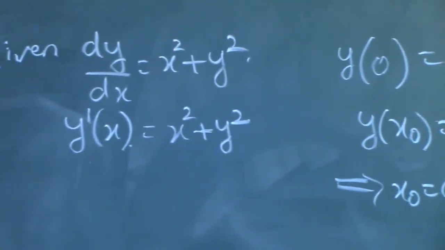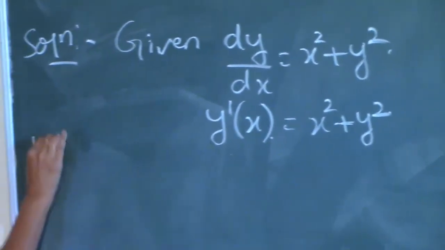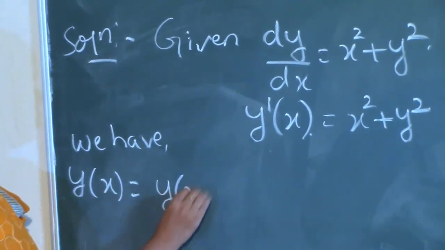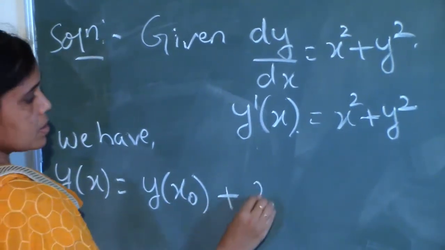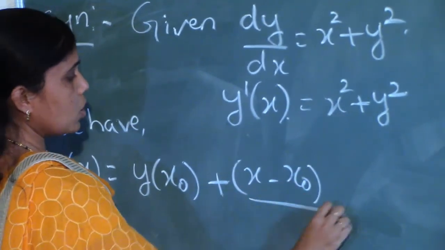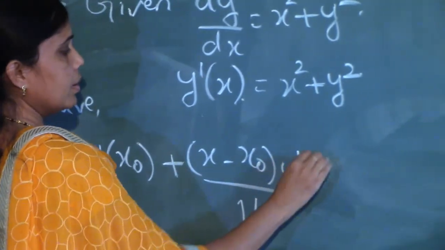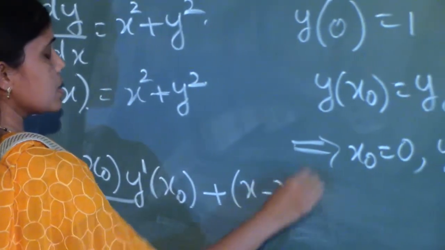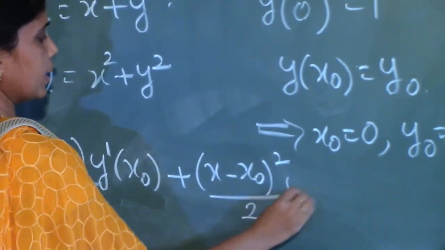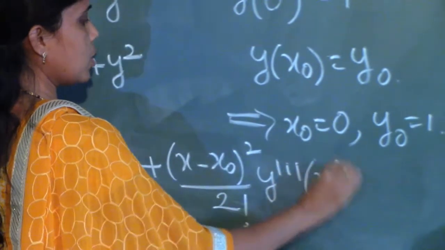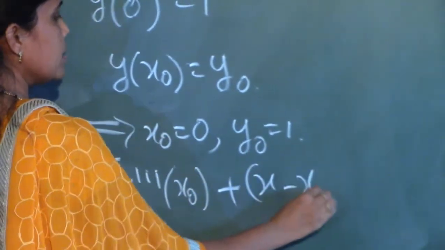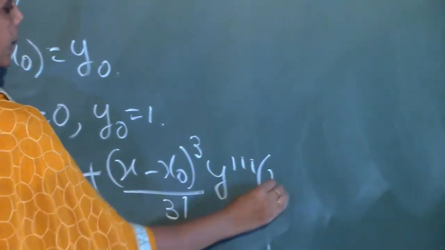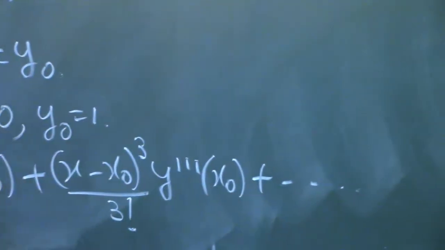First we write down the formula for Taylor series method. We have y of x is equal to y of x naught plus (x minus x naught) by 1 factorial into y dash of x naught plus (x minus x naught) whole square by 2 factorial y double dash of x naught plus (x minus x naught) whole cube by 3 factorial y triple dash of x naught plus so on.